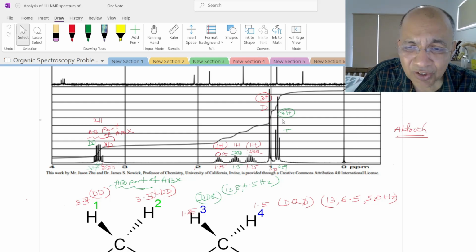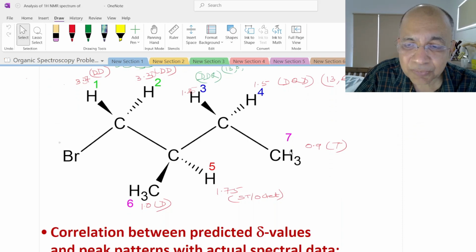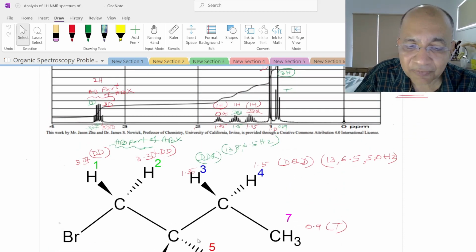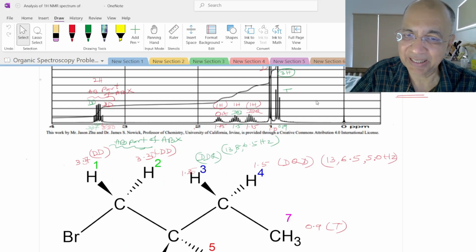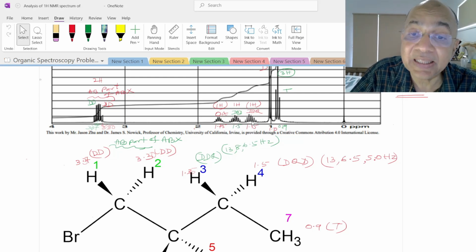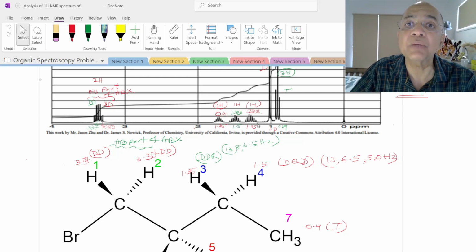This triplet for this proton at 0.9, this doublet for this methyl at 1, that is easy to understand. But these two protons in the vicinity of 1.3, we are getting one at 1.35 and the other at 1.5. And they are two distinguishable peaks, no overlapping.